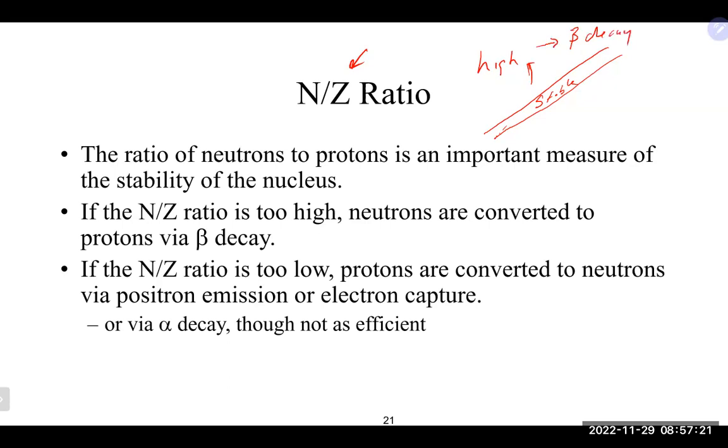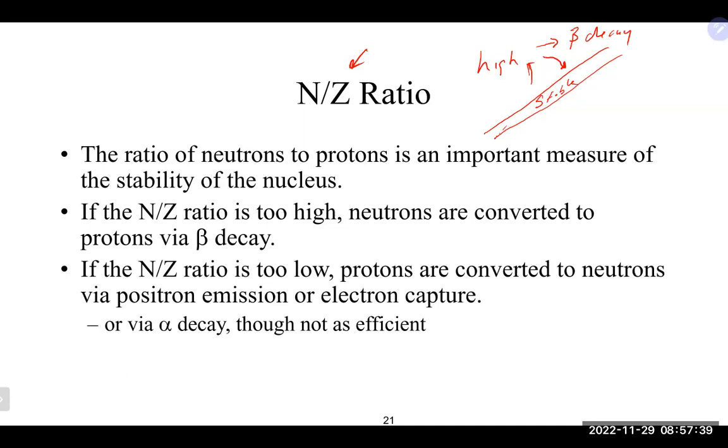The element will go through a beta decay in an effort to convert those neutrons to protons and bring itself back down to a more acceptable, more stable level.